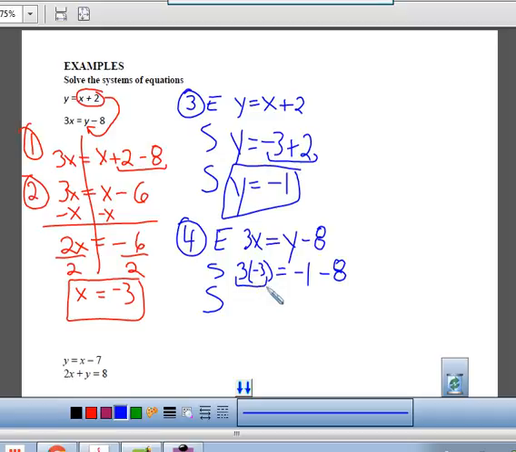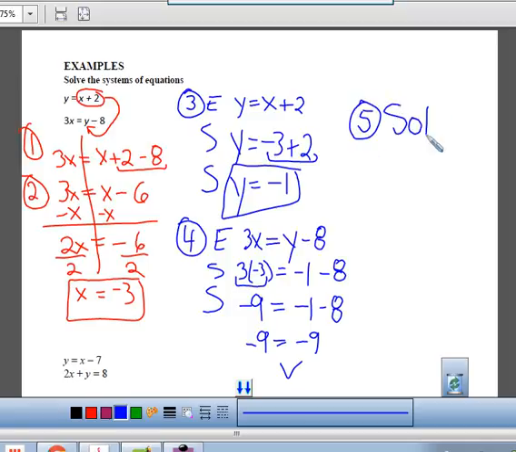So, 3 times negative 3 is negative 9. Negative 1 minus 8 is negative 9. And negative 9 equals negative 9, so it checks. So, step 5, our solution is x is negative 3, y is negative 1.